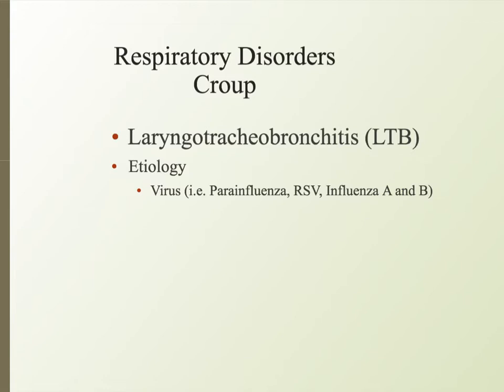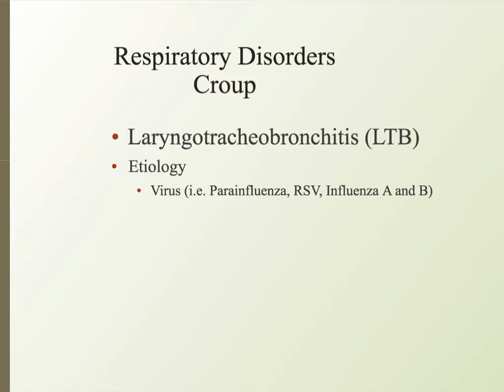Typically it's viruses such as parainfluenza or RSV, which precedes an upper respiratory infection and then descends into your other structures. Another virus that can cause laryngotracheobronchitis would be influenza A or influenza B.